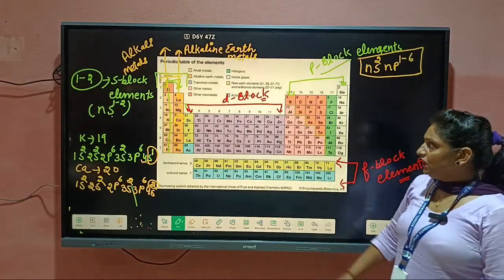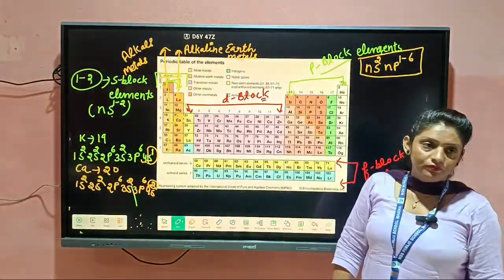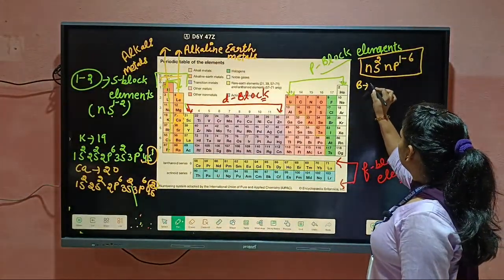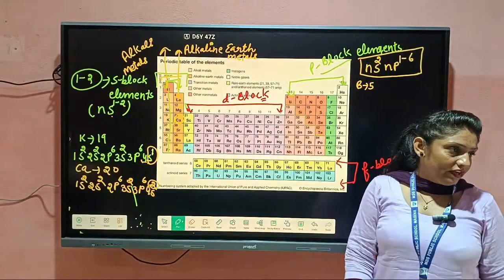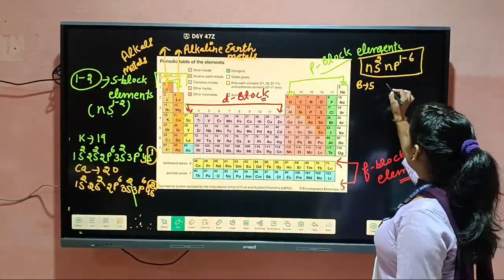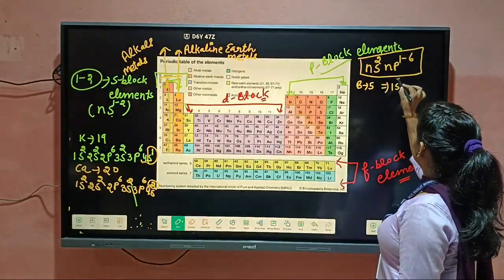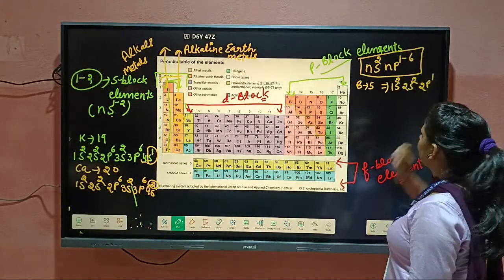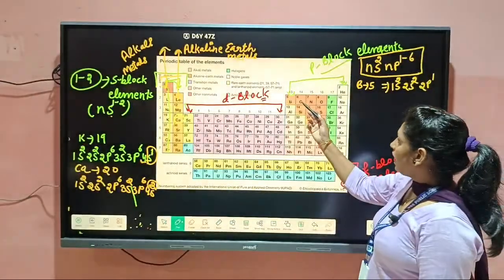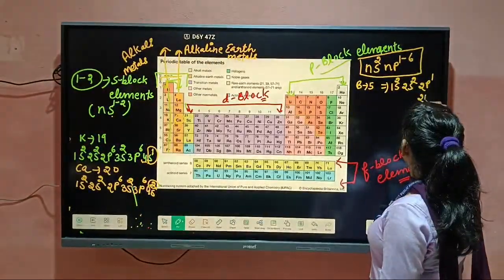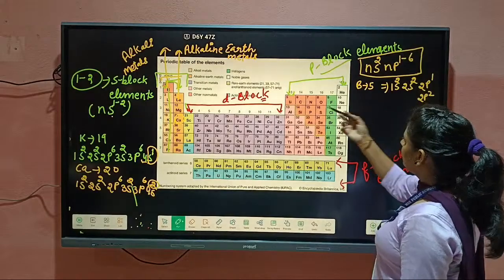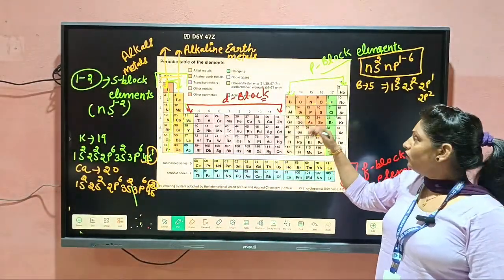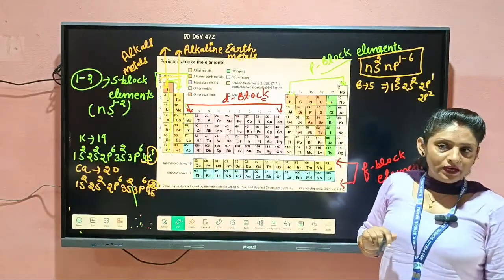For example, boron, atomic number 5: 1s2, 2s2, 2p1. For carbon, it will be 2p2. For nitrogen, 2p3. For oxygen, 2p4. For fluorine, 2p5.